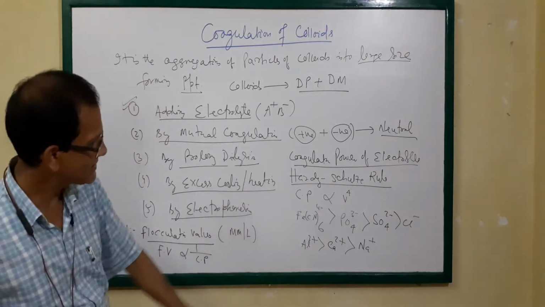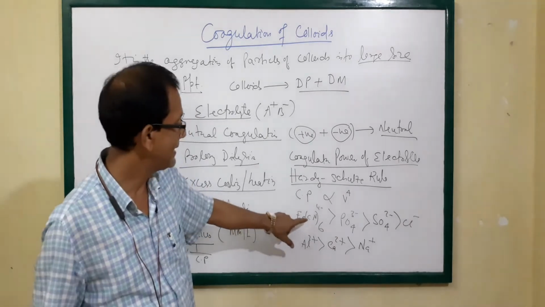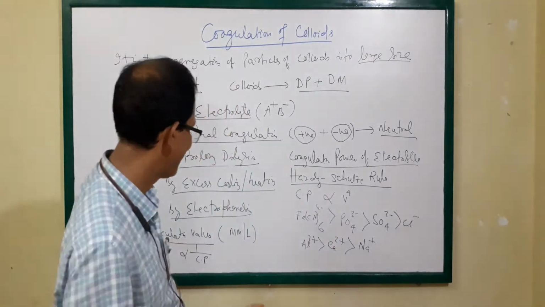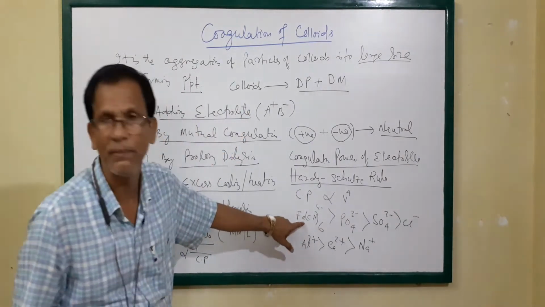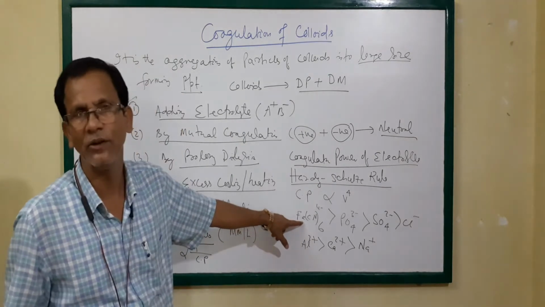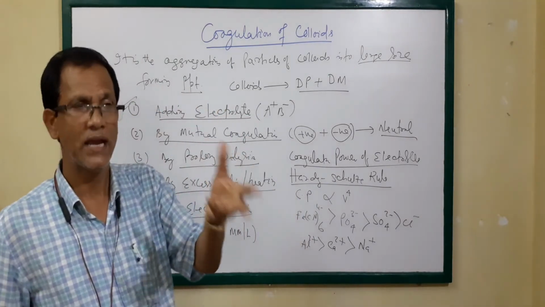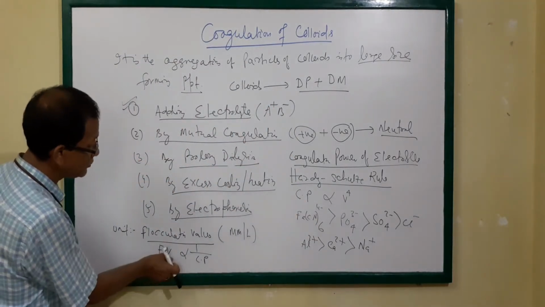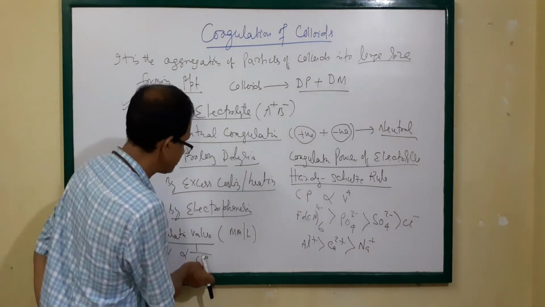If you compare ferrocyanide ions, they have more coagulation power than phosphate ions. If coagulation power is more, then a smaller amount of ferrocyanide ion will be required. That means if power is more, the amount required is less. That's why high flocculation value means low coagulation power.